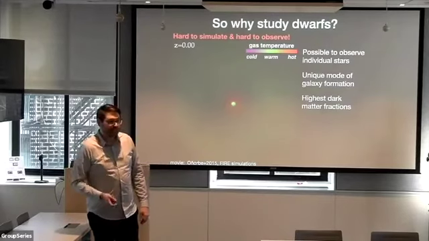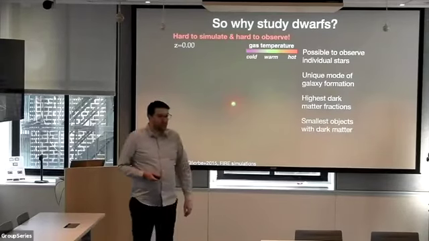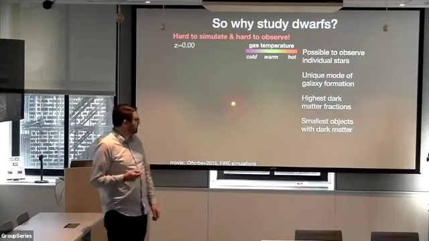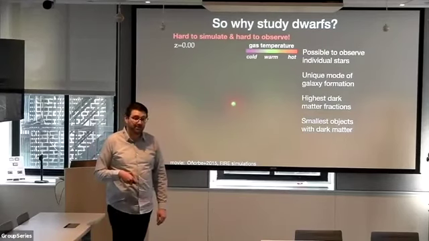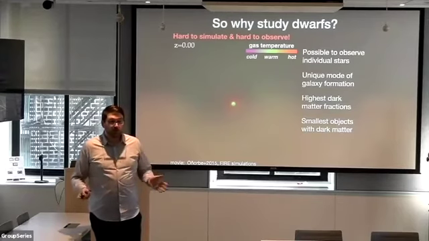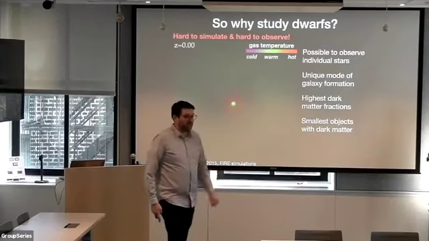They're the least efficient at turning their baryons into stars. And finally, these are also the systems with the smallest objects in the universe that have dark matter, right? So if we want to study the scales of the model that are unconstrained by large-scale observations, then we necessarily want to study dwarf galaxies.